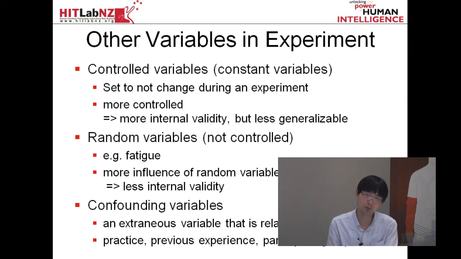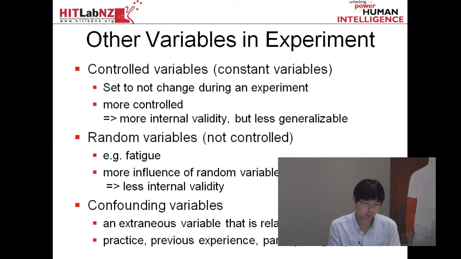But it's always good that when you report it in a paper or your thesis, you write up that you controlled these things because of this reason. Or if you didn't control them, then you can say you wanted to make it more similar to the real-world scenario, so you left those out as uncontrolled variables.